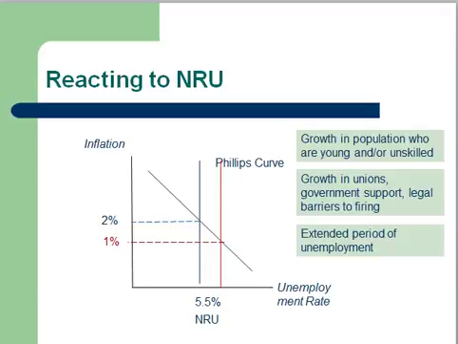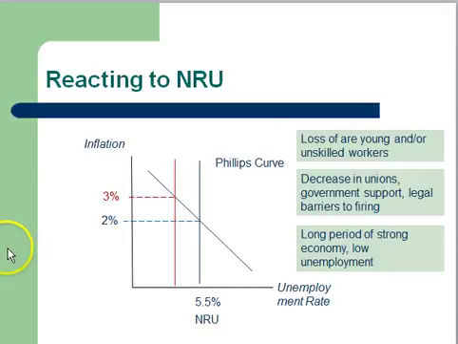And so the natural rate of unemployment in Michigan would then logically be higher than it had been previously in historic terms. Here we see a situation where the unemployment rate has actually fallen, but notice that it is accompanied with a higher rate of inflation.